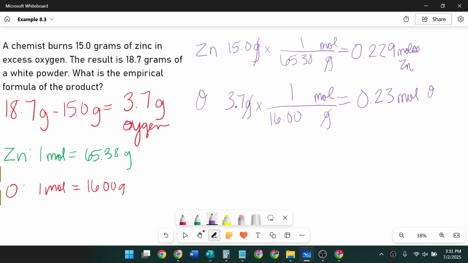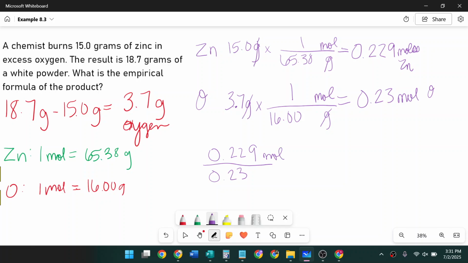And so to get the empirical formula, we have to remember that the empirical formula is really just a ratio of how much one element has to another element. It's not the exact number of atoms of each, it's just the ratios of the atoms to each. And so let's take the one that is bigger and put it on the bottom. So that would be the 0.23, and we're going to put the 0.229 on the top.